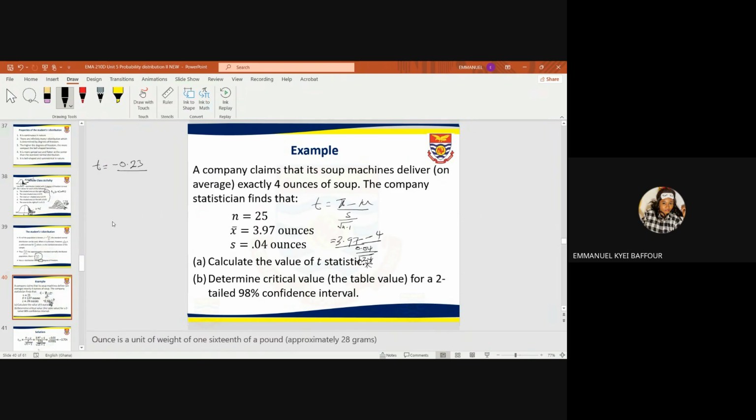Okay, so let me do this as 0.04 divided by the square root of 24. And this gives, you said negative 3.674. Okay, so this is the T distribution that you will get if you calculate. So that is how we go about the T distributions.